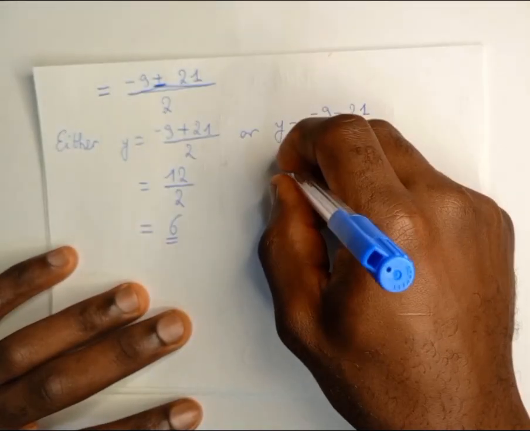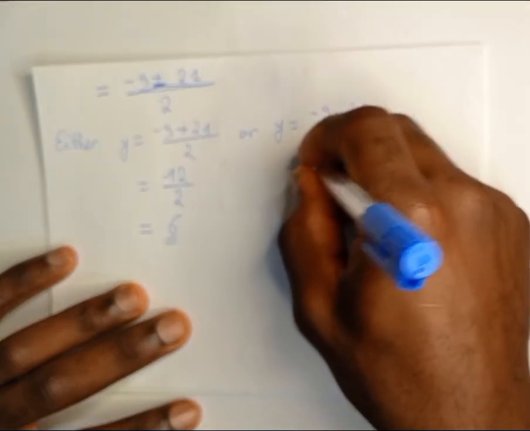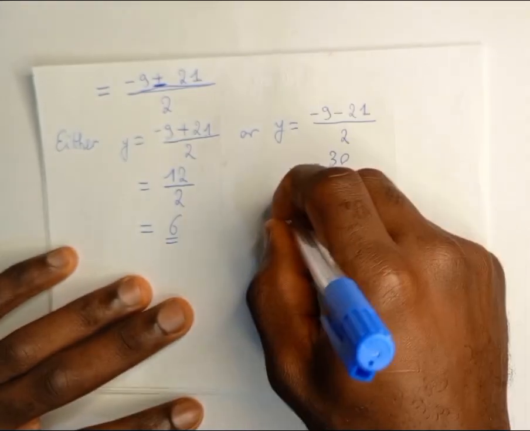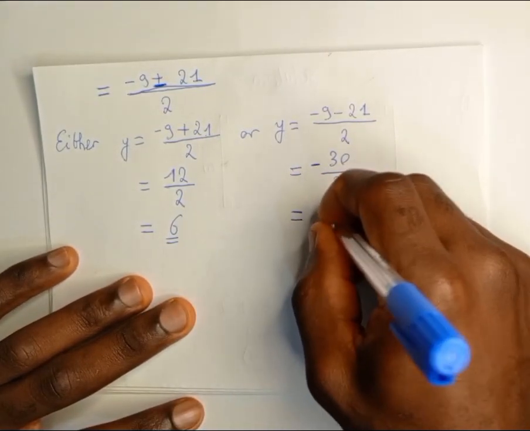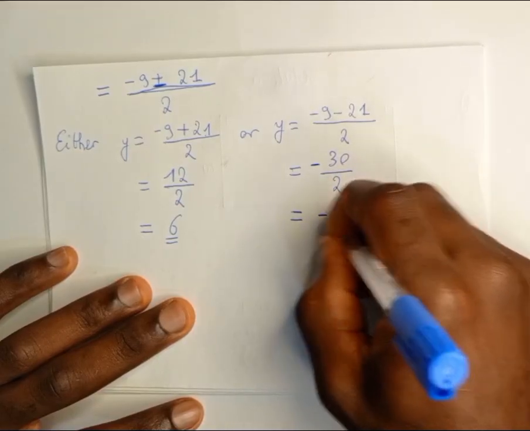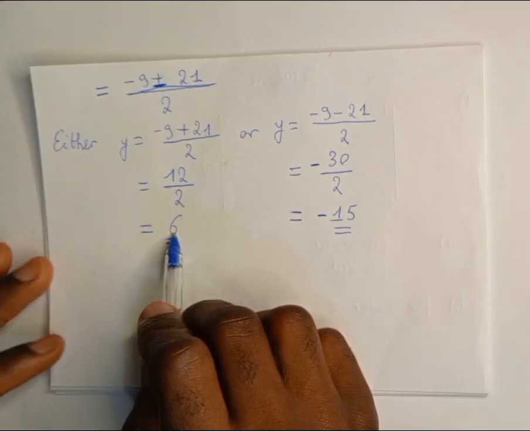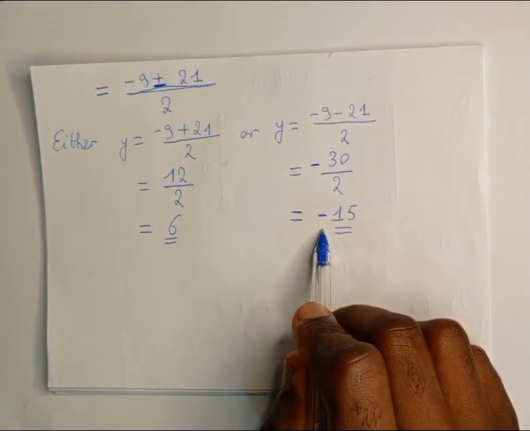For the second one, negative 9 minus 21 gives us negative 30 over 2. Negative 30 divided by 2 gives us negative 15. So y is equal to 6, or y is equal to negative 15.